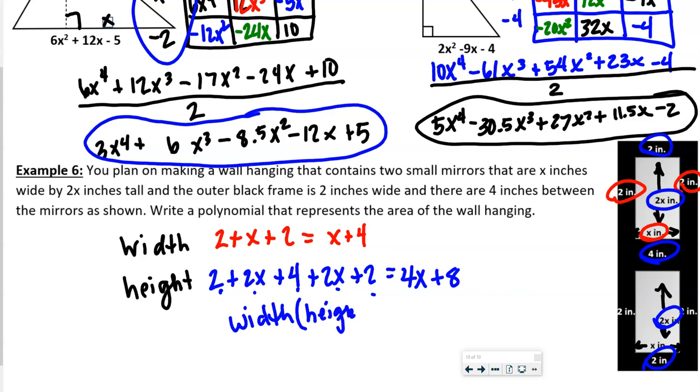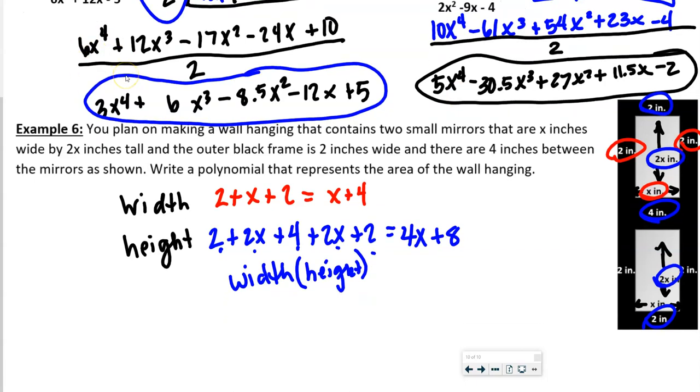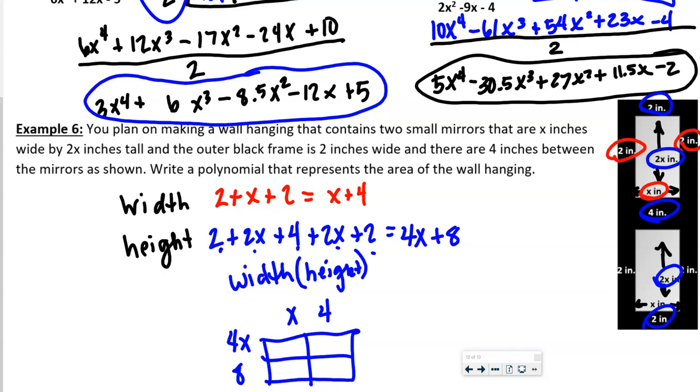Width is the same thing as a base, okay? So what we want to do is we want to do our x and 4 here, and our 4x and our 8 there. Going to use our box again. So 4x times x is 4x squared. 4x times 4 is 16x. X times 8 is 8x. 4 times 8 is 32.